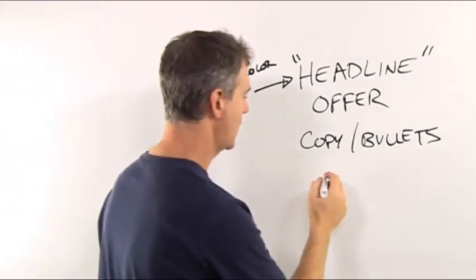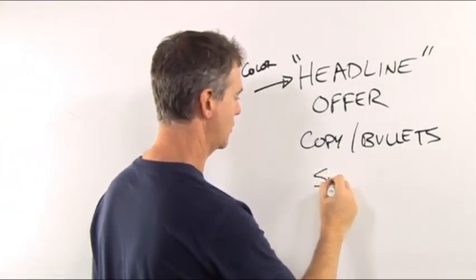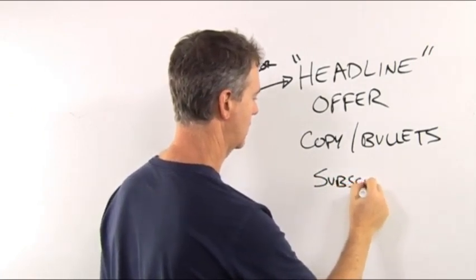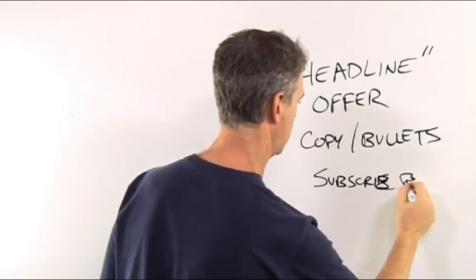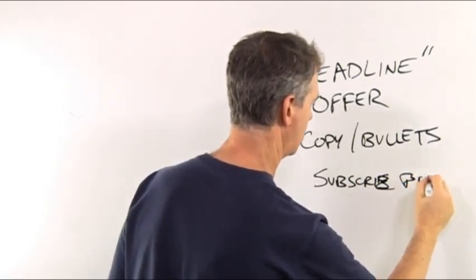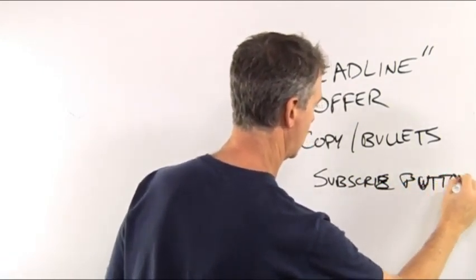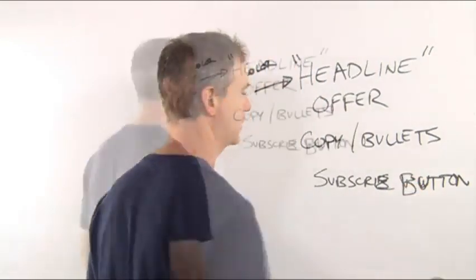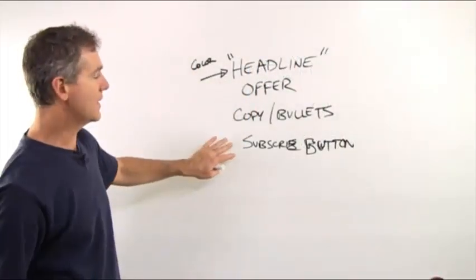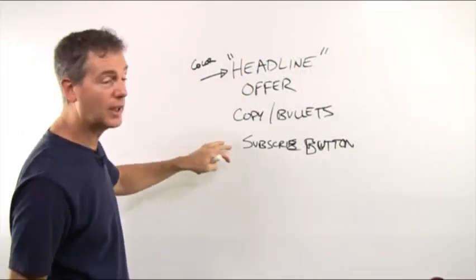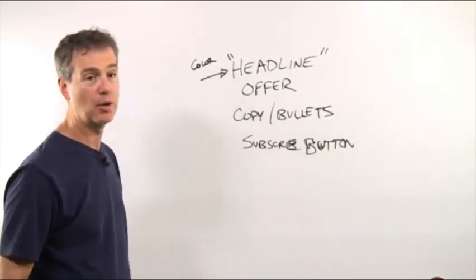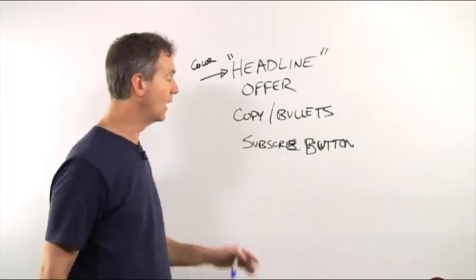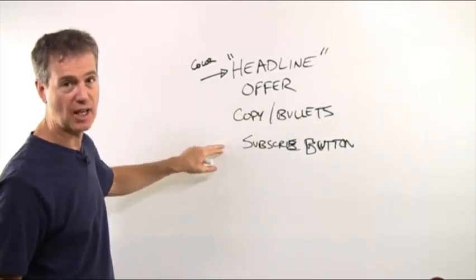I would test the subscribe button. By this I mean, do you put join the list, or get my free report, or subscribe, or enroll, whatever? You can change the text on the button.